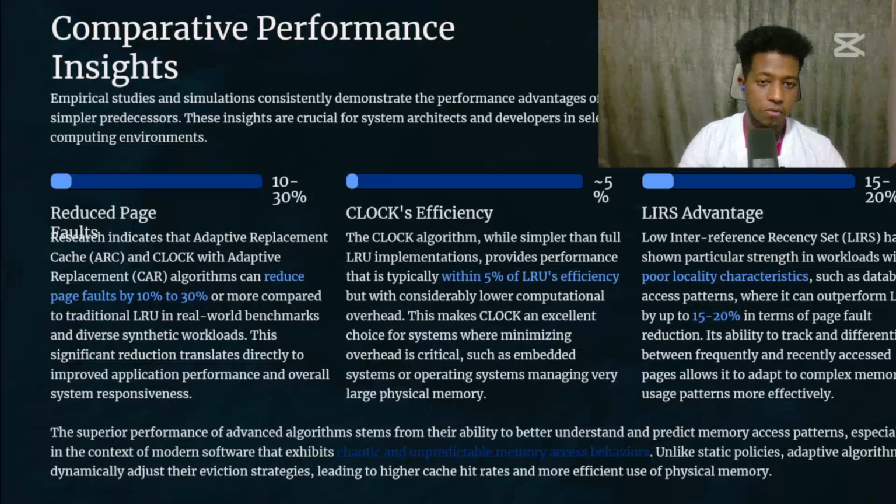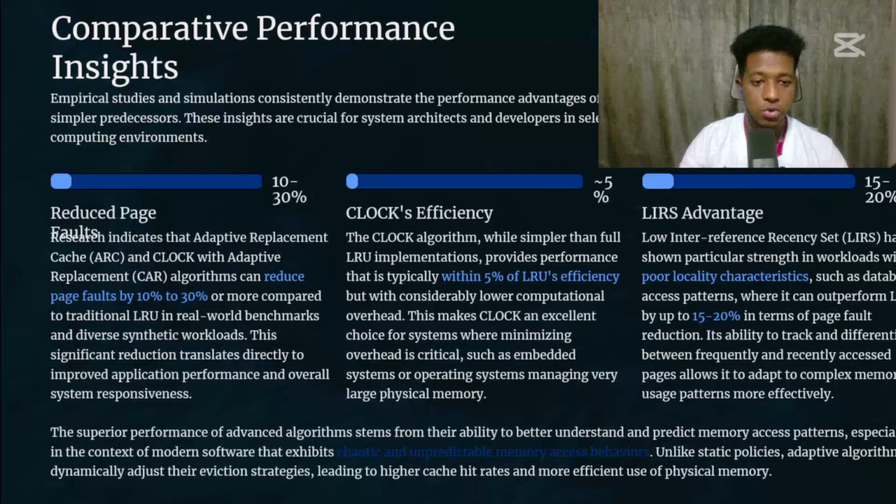And the third one over here we have LIRS advantages. Low Inter-reference Recency Set, or LIRS, has shown particular strengths in workloads with poor locality characteristics, such as database access patterns, where it can outperform LRU by up to 15 or 20% in terms of page fault reduction.